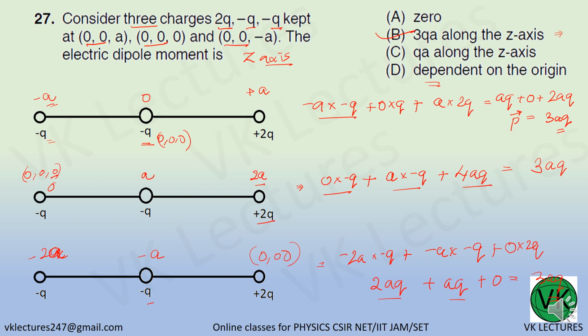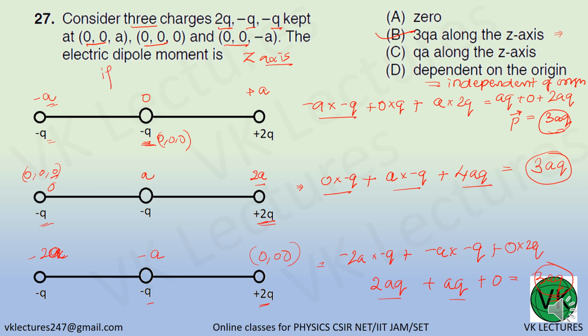So wherever is the origin, whether this minus q is at the origin or plus 2q, or minus q is at the origin or plus 2q is at the origin, anywhere the dipole moment remains same. So this is independent of origin. Now one more thing, this is in z axis.